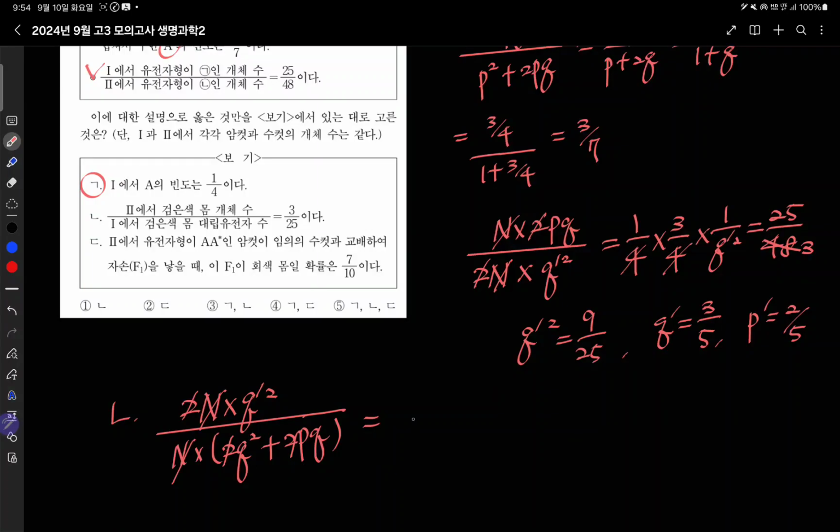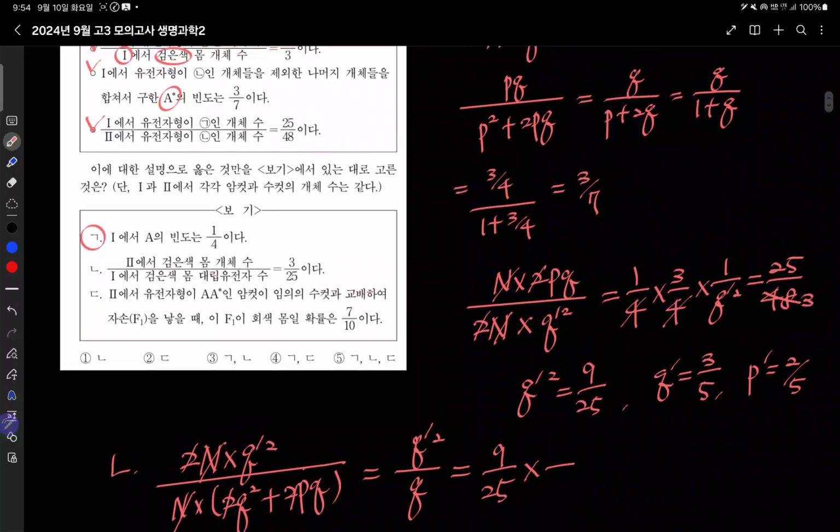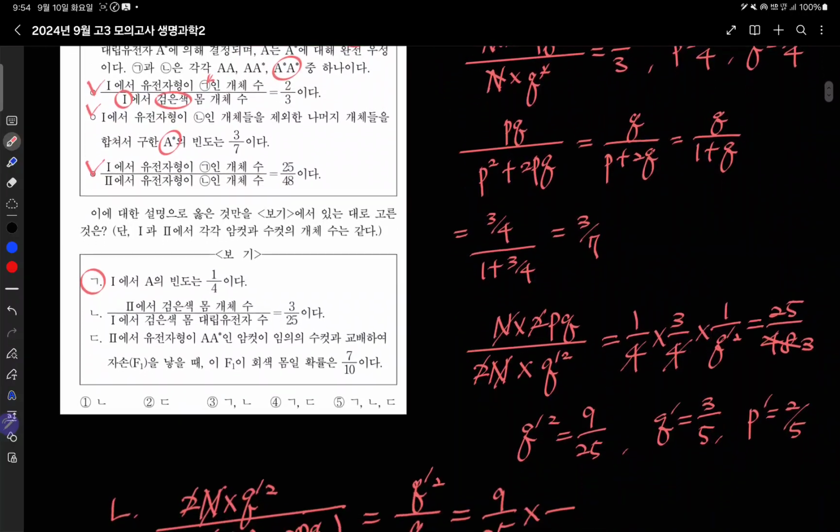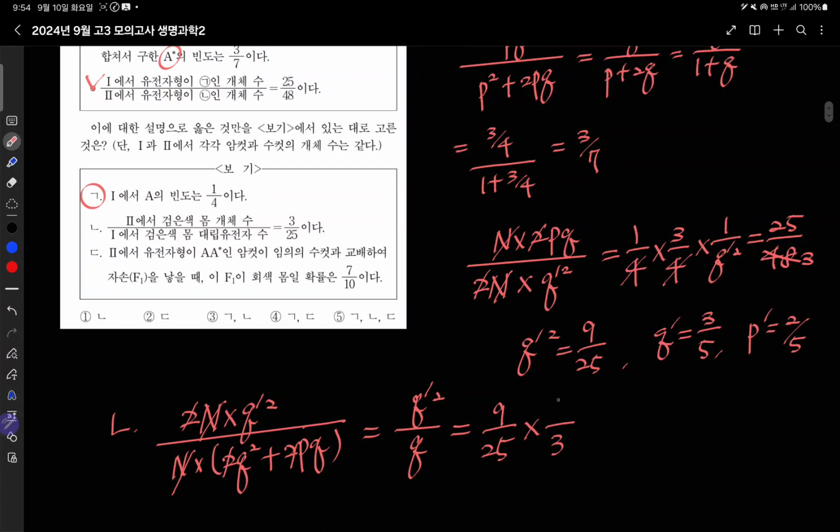And the denominator is q, because p plus q is equal to 1, and numerator is q prime squared. So q prime squared is 9 over 25, and q is 3/4, so 4 over 3 for the reciprocal. So the ratio is 12 over 25, not 3 over 25. So second statement is false.